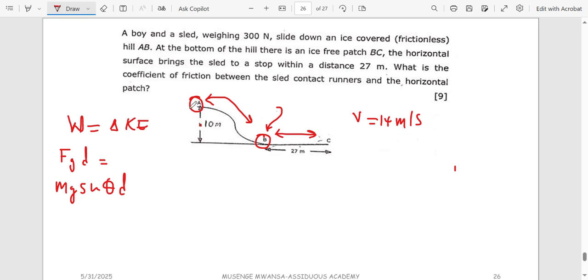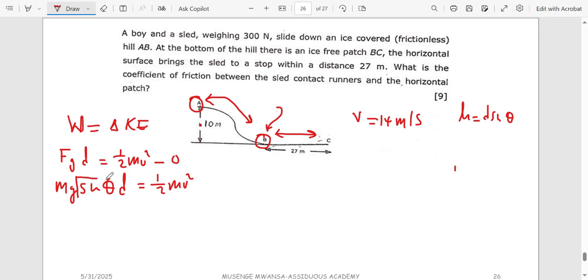At the beginning, we don't have kinetic energy because we are on top and we are not moving. At the bottom, we have got kinetic energy. So the final minus initial will only be final, which is half mv squared, because the initial is 0 at the top. But remember what we said earlier, height is given by what? d sine theta.